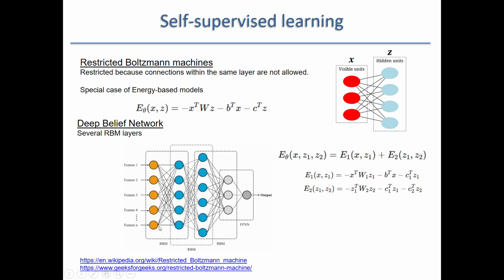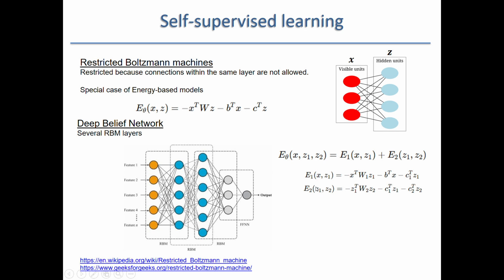So we would go from the input features to this layer set 1, and then from set 1 to set 2, and we have to learn these energies, which are split across the layers. I'm just writing the first two, but it will continue. The energy between x and z1 is given by this formula.